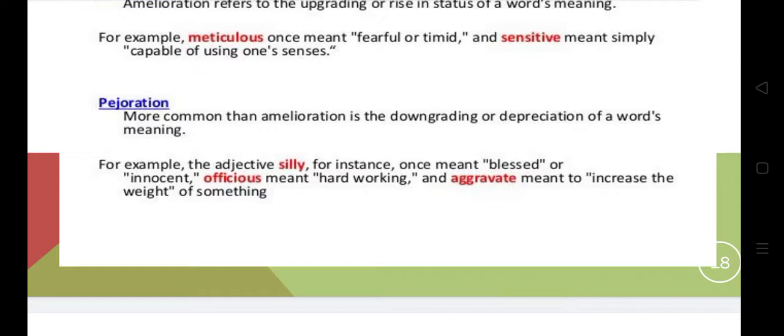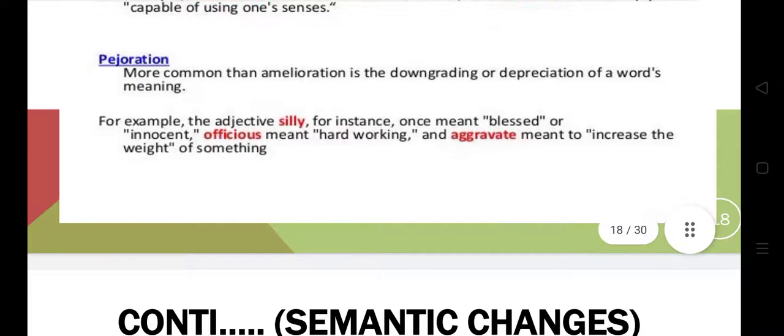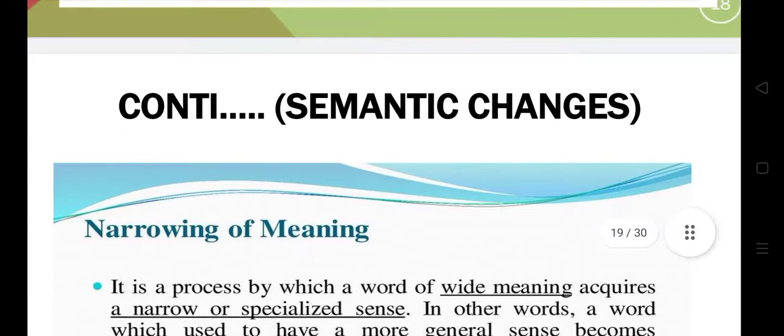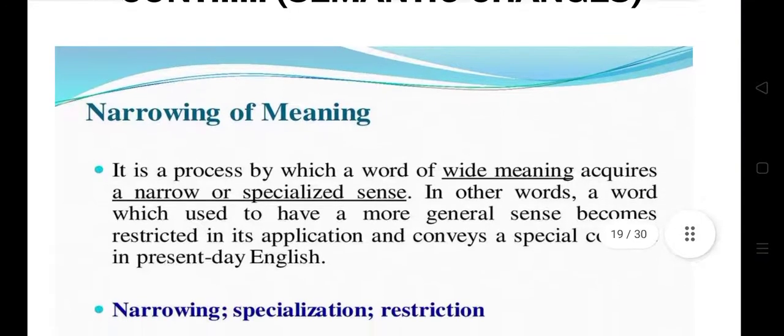In Old English, silly once meant blessed or innocent, but in modern English, silly refers to someone who is foolish. So there was a degrading in its meaning. We'll see some more examples and discuss this topic in detail.